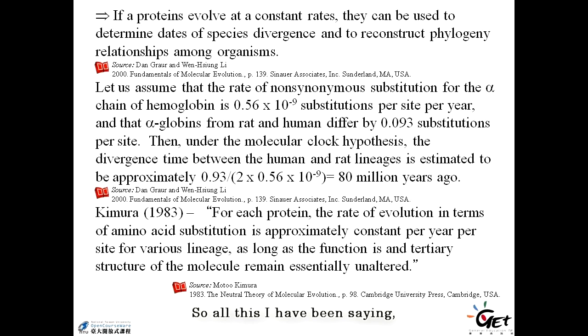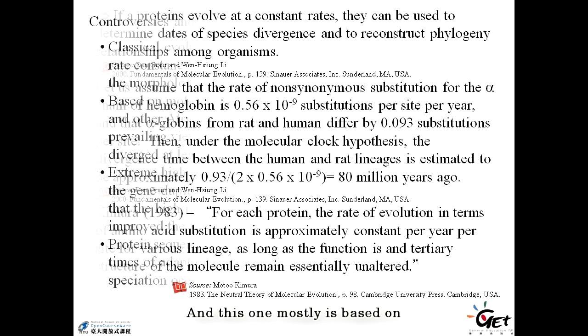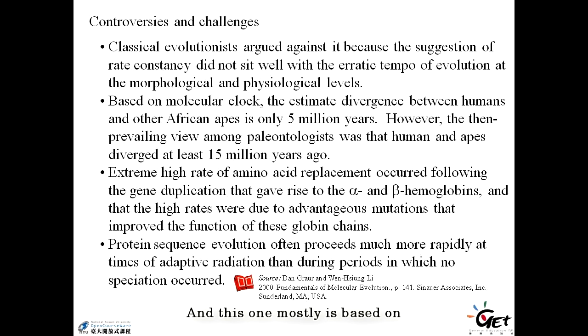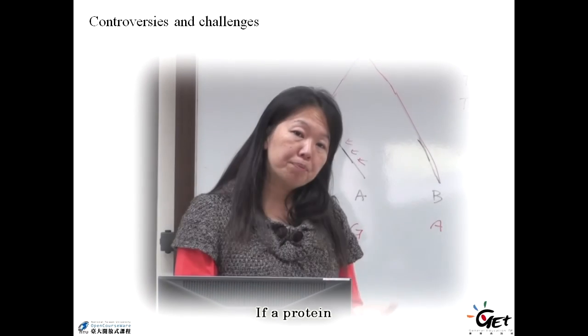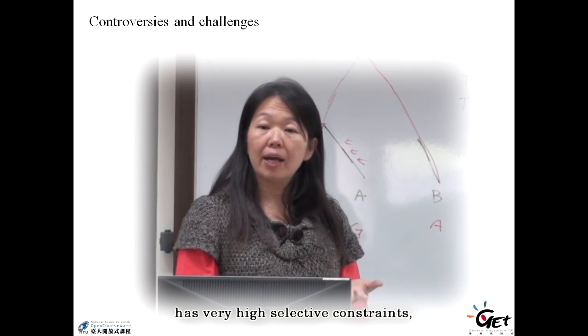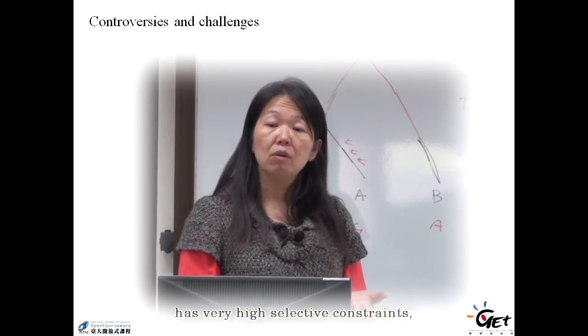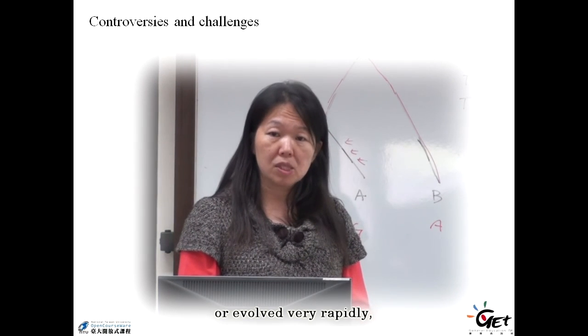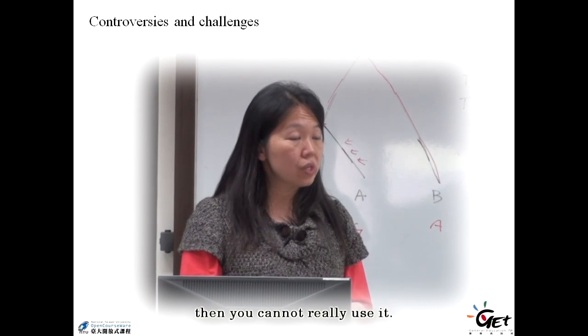All of this I have been saying is very practical, especially when we work on molecular phylogeny. You can pretty much read these slides by yourself. This mostly is based on our neutral hypothesis. If a protein has very high selective constraint or evolves very rapidly, then you cannot really use it.